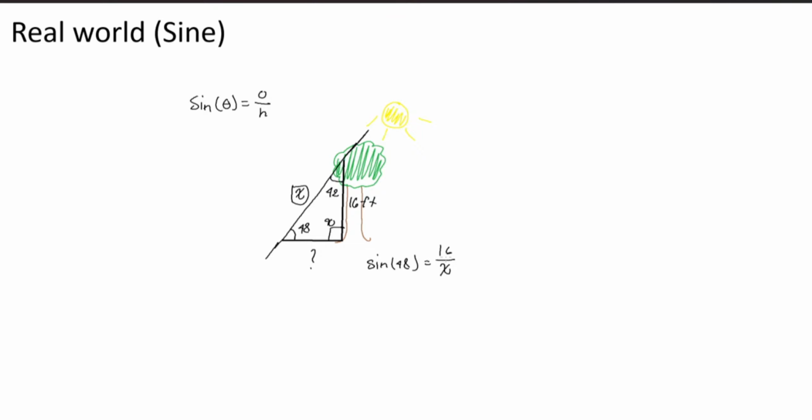Now, how do we solve for x? How do we solve for the unknown side? Well, we can rewrite this and use cross multiplication. So we can say sine of 48 over 1 is equal to 16 over x. Now this is solvable because we can use cross multiplication. 1 times 16 is equal to 16, and then sine of 48 times x.